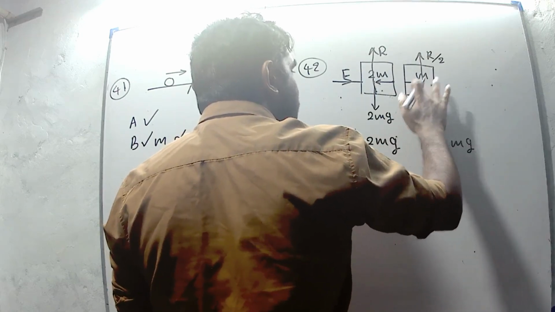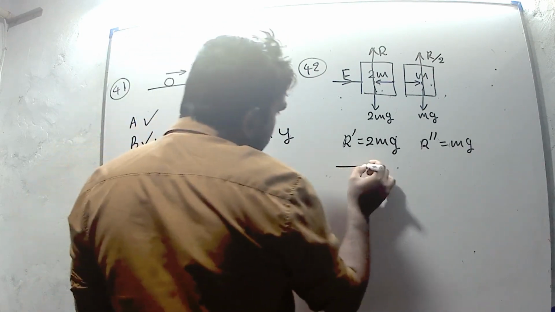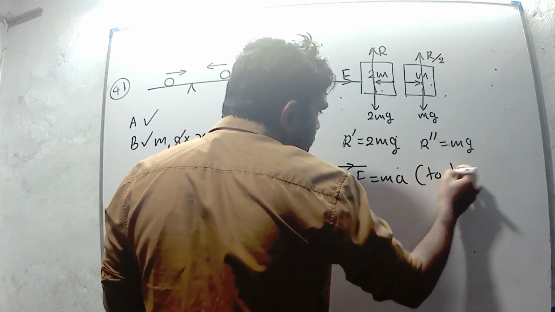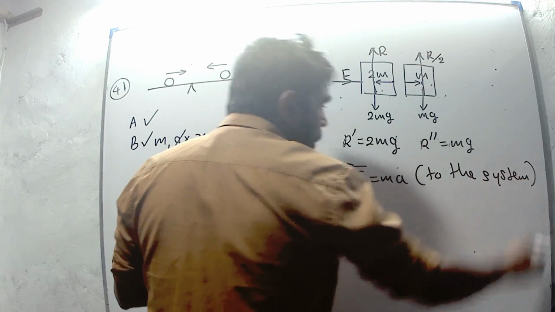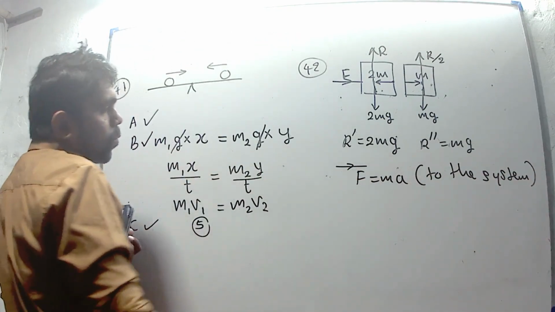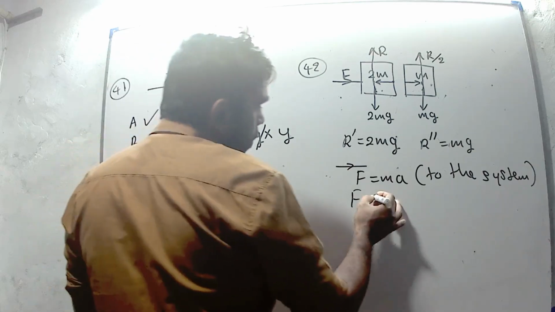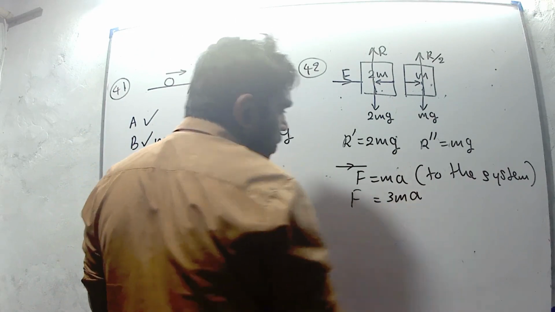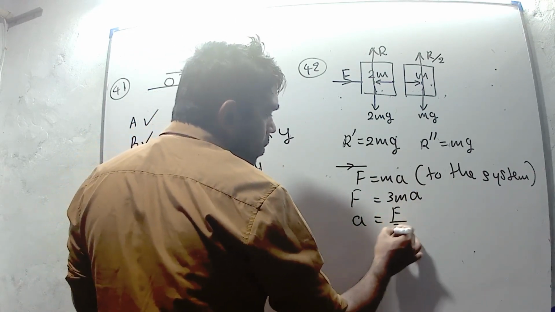And we have to get the reaction. We can use F equals MA for the system in the horizontal direction. Then F is the resultant force. We substitute the total mass 3m, so the acceleration is F divided by 3m.